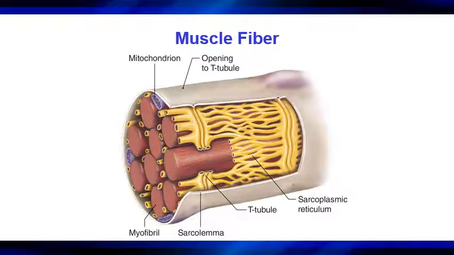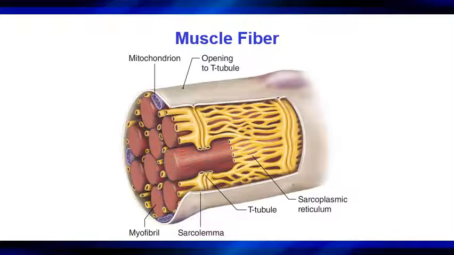Also, it's important: you look here, you have the myofibrils. Each muscle fiber is made up of multiple myofibrils, and those myofibrils make up most of the sarcoplasm. And inside those myofibrils, remember I said we're just breaking down tissue more and more and looking at the different functions.